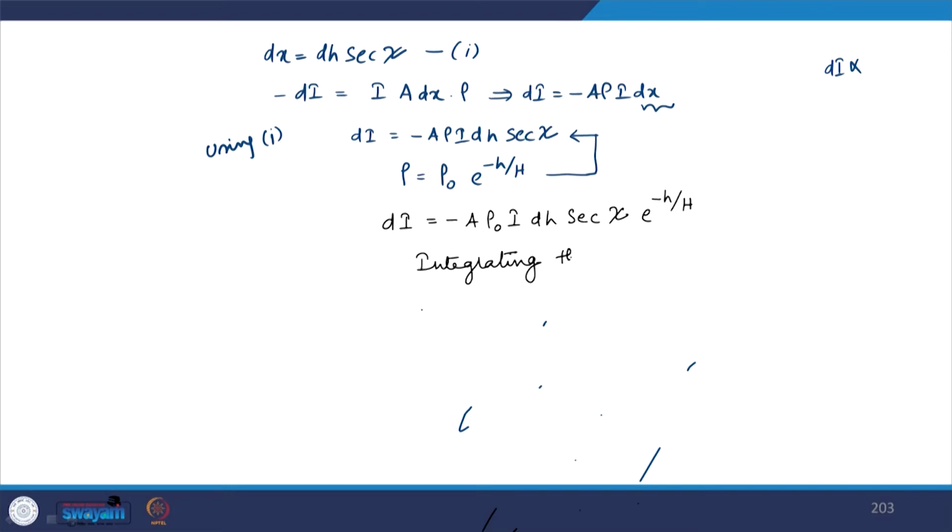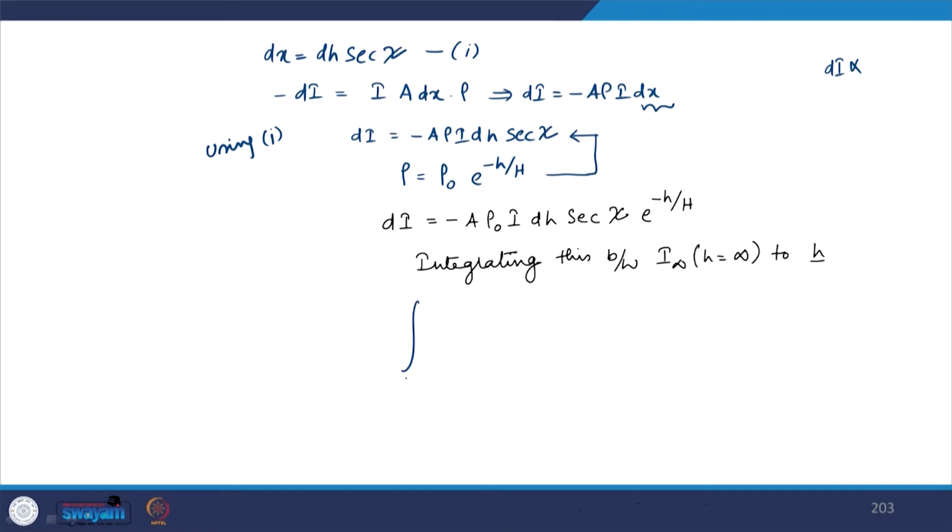Integrating this between I infinity, that is at h is equal to infinity, to a particular height h. Let's do the integration.